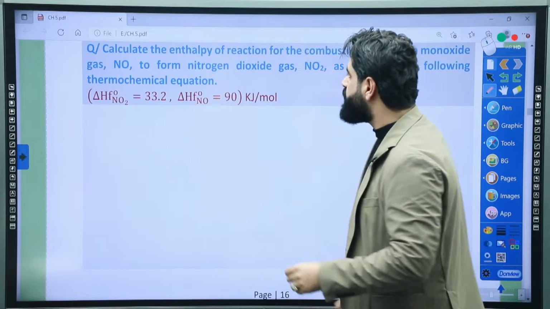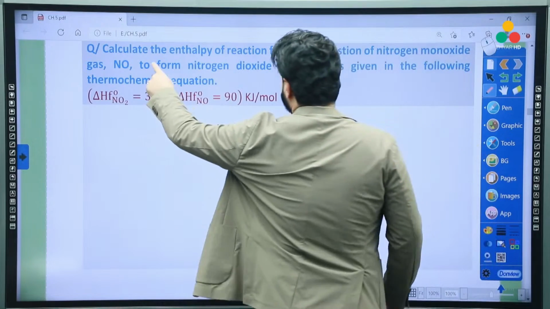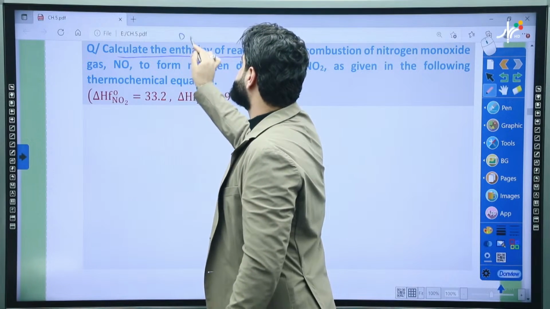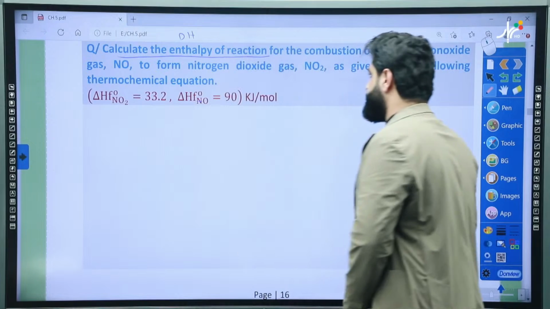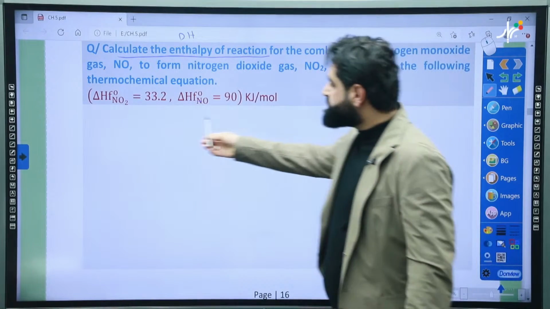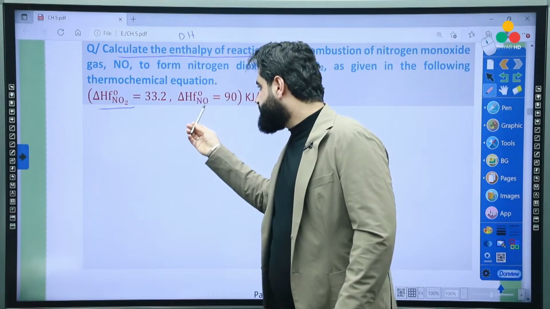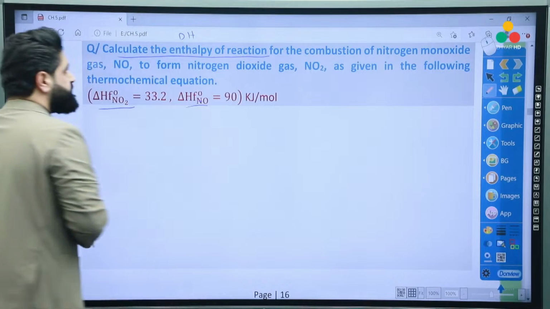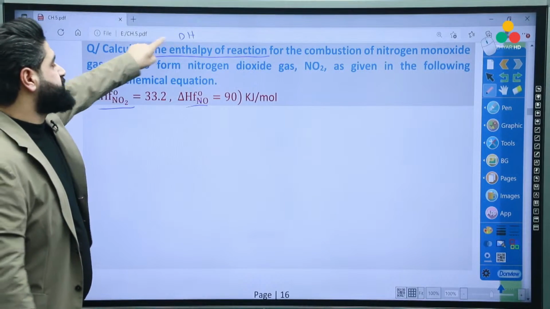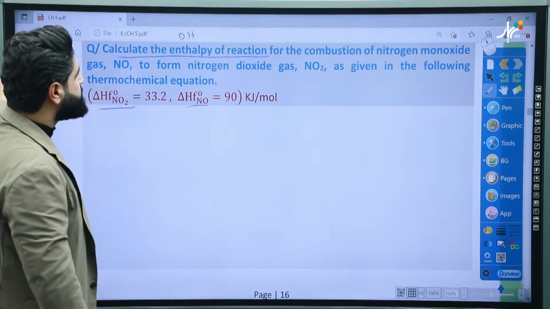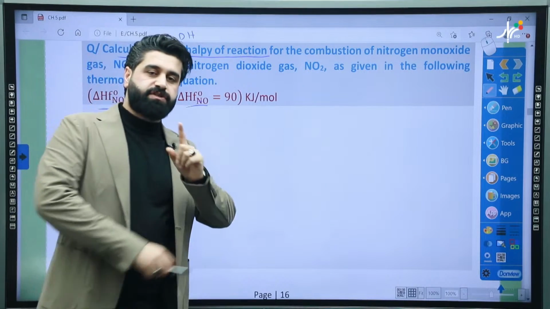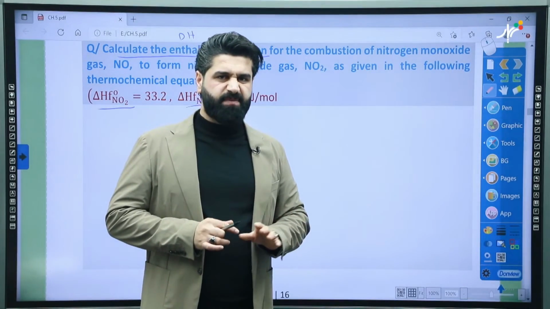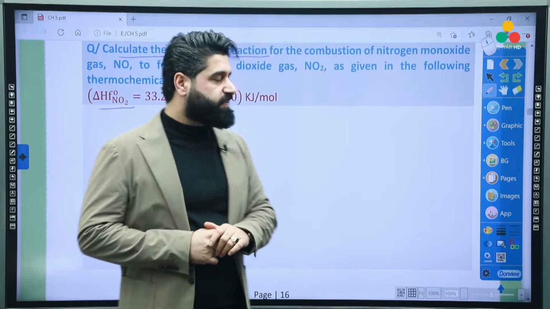Of course, if we focus on the unknown, look, calculate enthalpy of reaction, delta H. If we have this information, look at them, they are delta HF. So we have to make a relation between delta HF and delta H. Okay, it's calculation of delta H using the delta HF method. So, first of all, you need to have a general equation. Without a general equation, you're going to be disabled and you can't do anything.